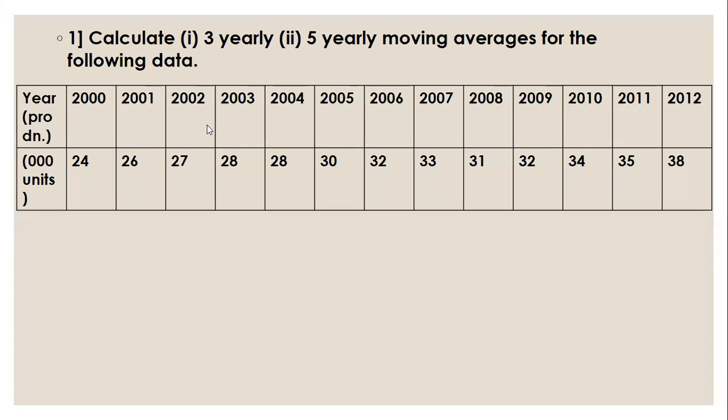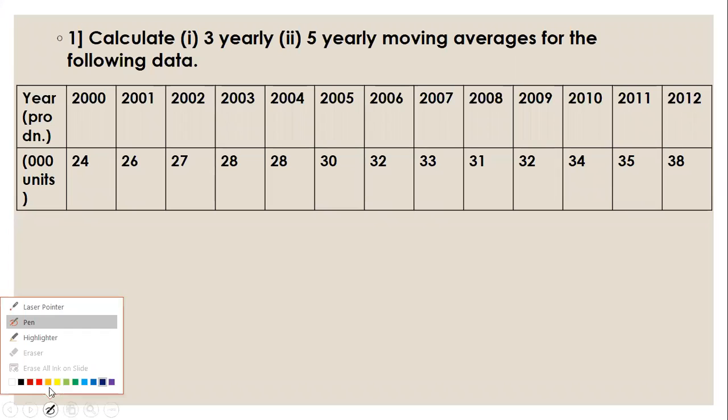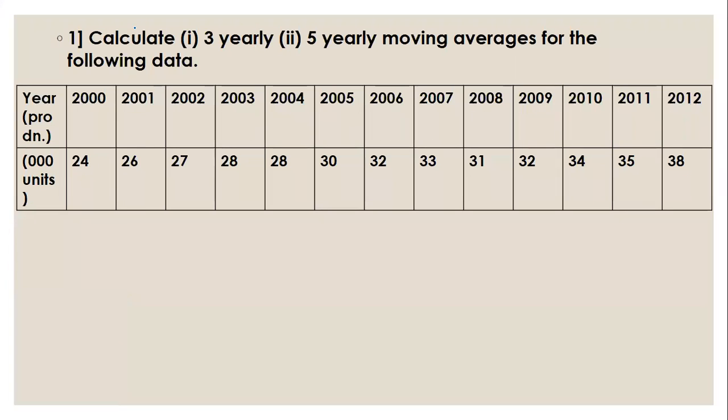First, we will calculate the averages that have been asked. So first we will read the question: calculate 3 yearly and 5 yearly moving averages for the following data. First we will calculate the 3 yearly moving average and then we will see the 5 yearly.